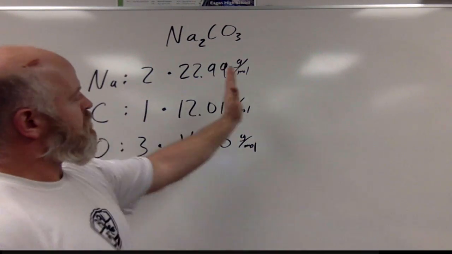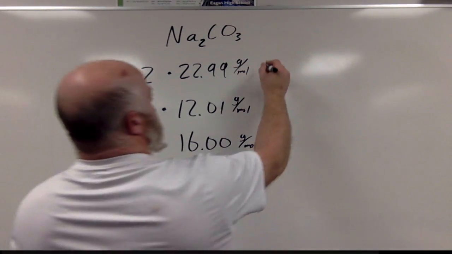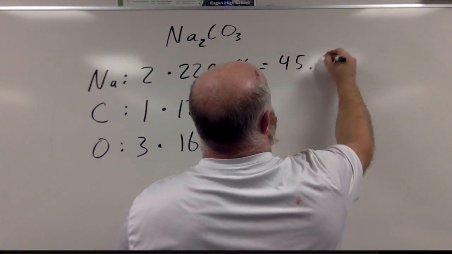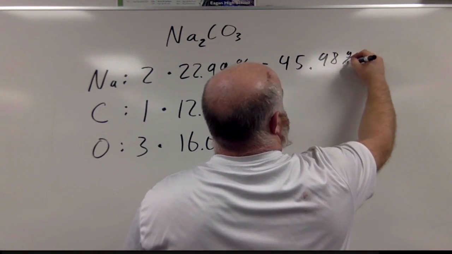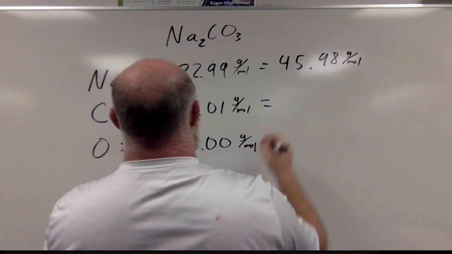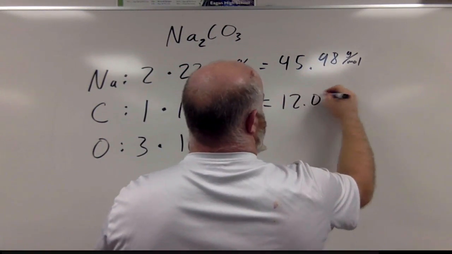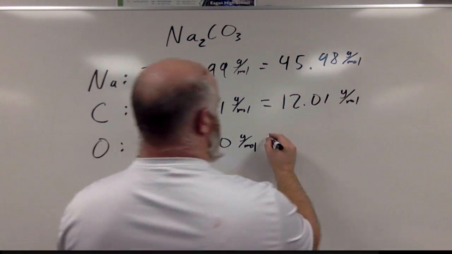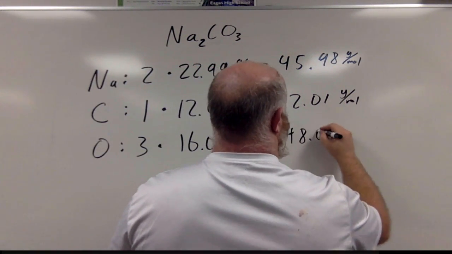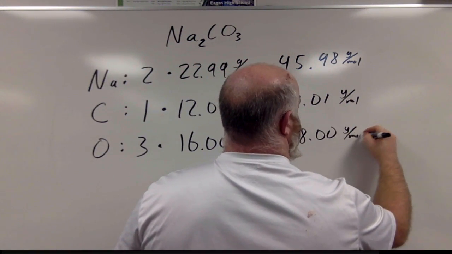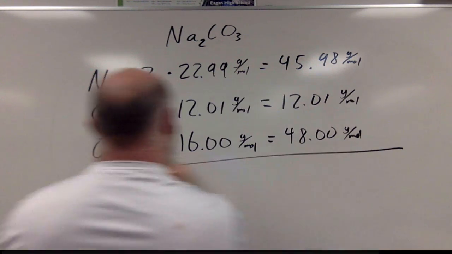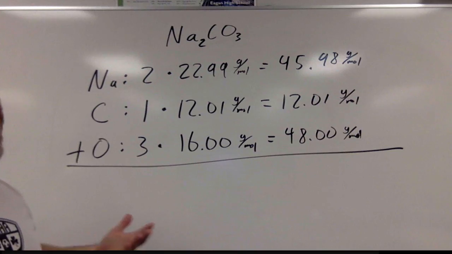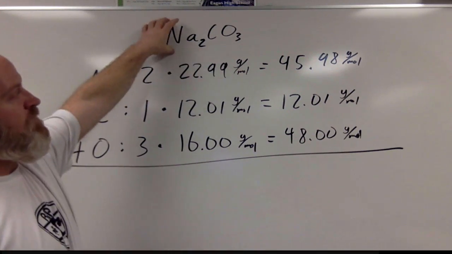Okay. Now I'm going to multiply and then add them up. So 2 times 22.99 is 45.98 grams per mole. 1 times 12.01 is still 12.01 grams per mole. And 3 times 16 is 48 grams per mole. Take all these things, add them up, and that would be our molar mass of sodium carbonate.